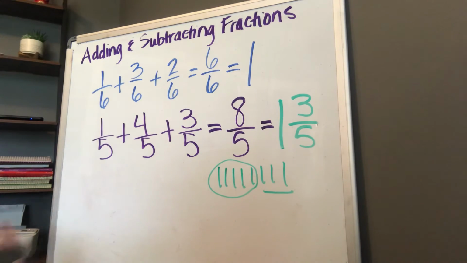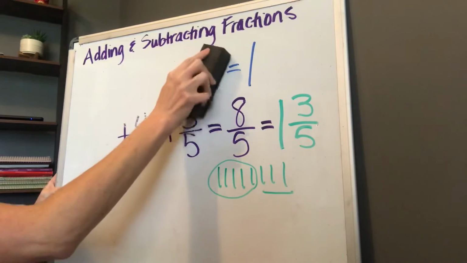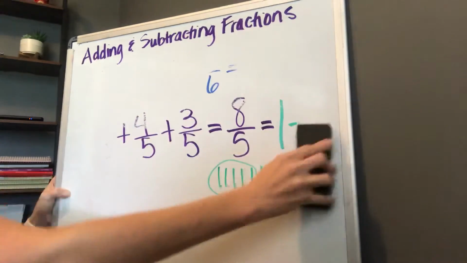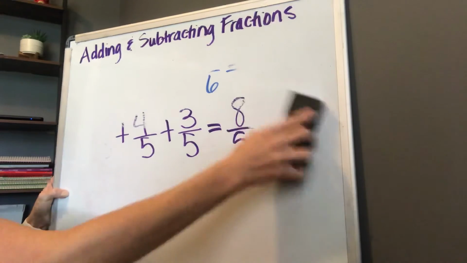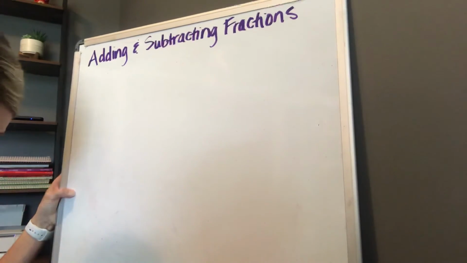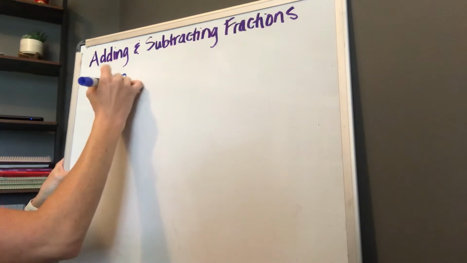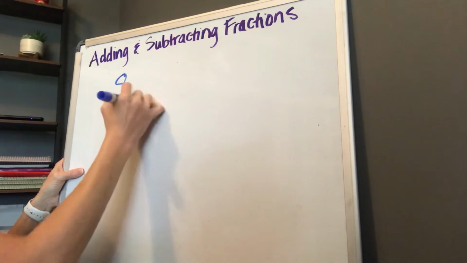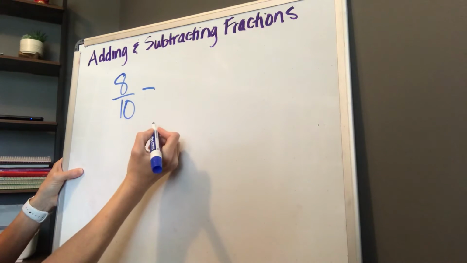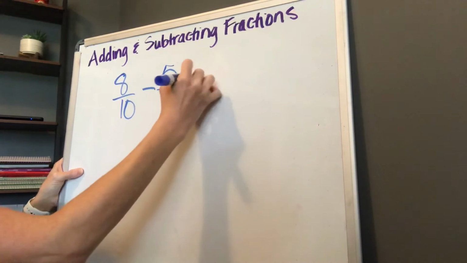Okay, now I'm going to erase my board and we're going to practice a little bit with subtracting fractions. I'll model one first and then we'll do one together. All right, the first one that I'm going to solve is 8/10 minus 5/10.